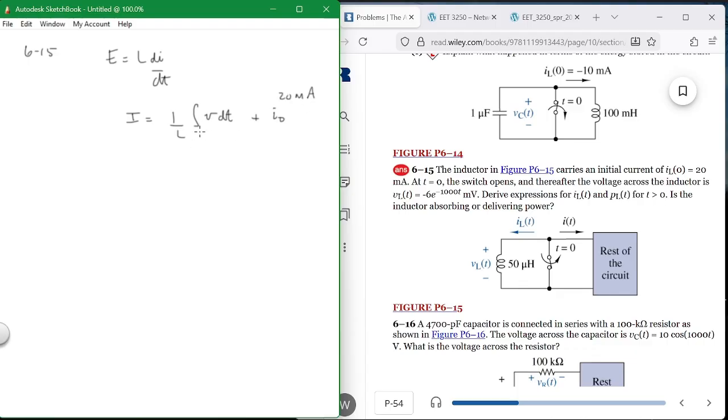What is the integral of this? Well, it's this, minus 6 e to the minus 1,000 t. So what is the integral of that? It's 1 over 1,000 e to the minus whatever. And that's how that's done.